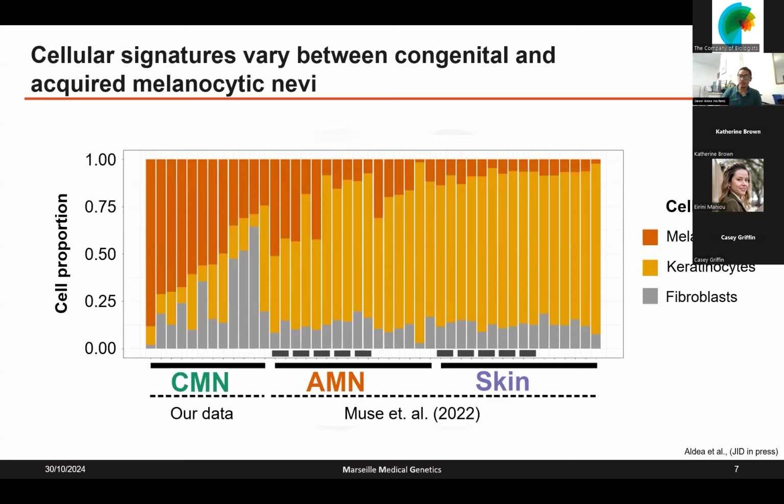So given that, what we did was to correct this data, to take into account these differences in terms of the cellular proportion. Once we did this using bioinformatic tools, then we were able to really look for molecular differences between these different types of samples.